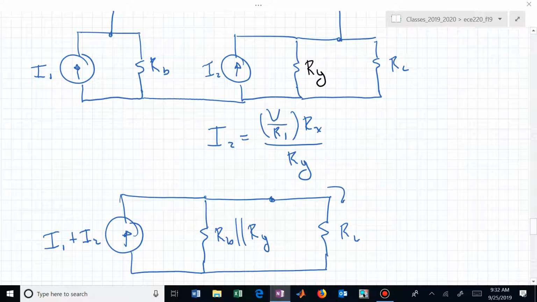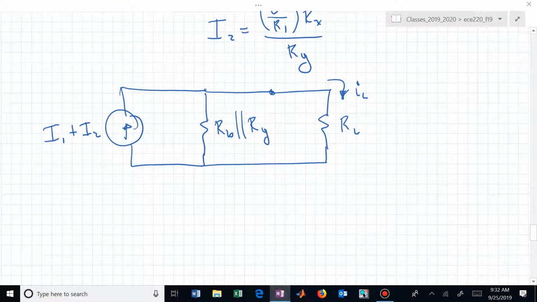And if I wanted to find I load out of all of this for different values of R sub L, now I just have to compute I1 plus I2 and keep that together. I need to find R sub B and make that in parallel with R sub L. And now what's the formula for I sub L? This could be on tomorrow's test.